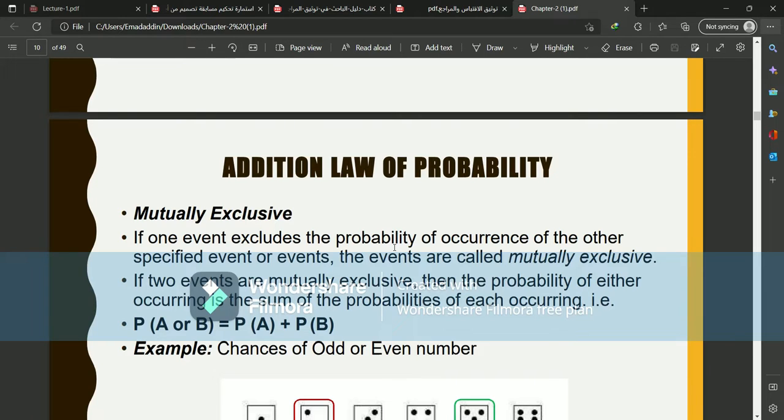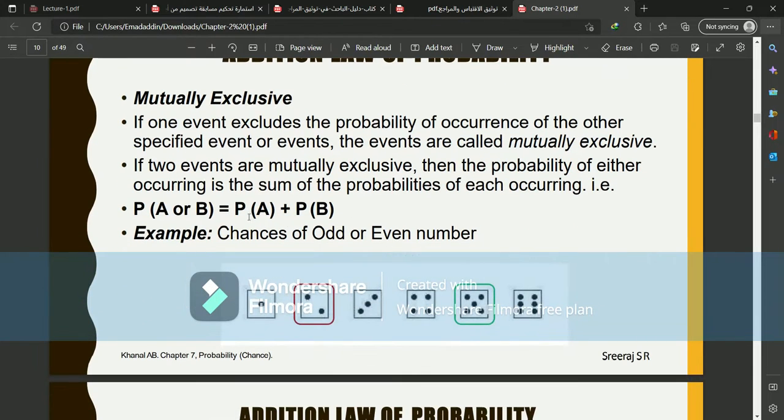If two events are mutually exclusive, then the probability of either occurring is the sum of the probabilities of each occurring. For example, P(A or B) equals P(A) plus P(B). This is a simple equation.